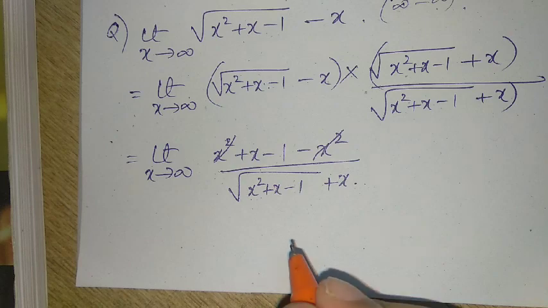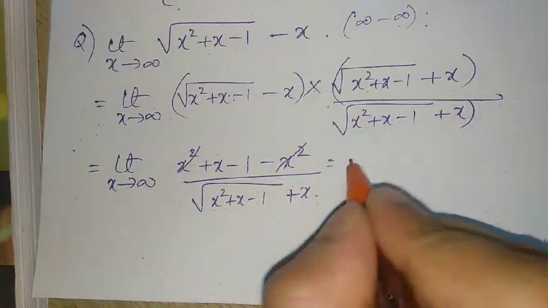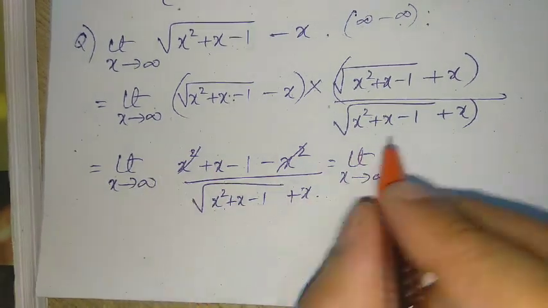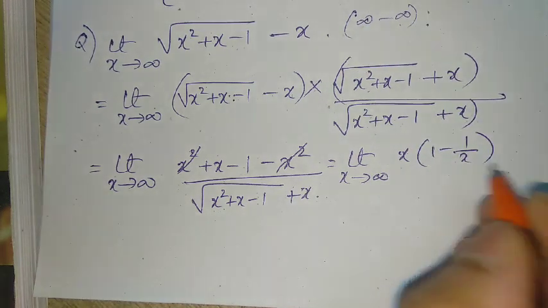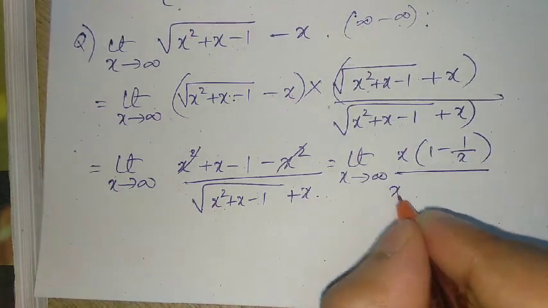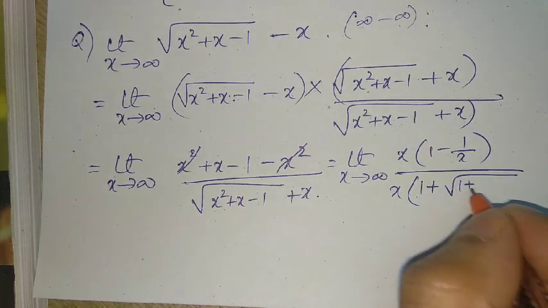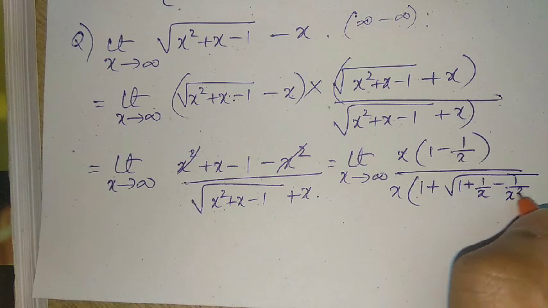After this, we will take limit x tends to infinity. Since there is a limit of infinity, we will take x common, so we will get here 1 minus 1 by x, and here also if we take x common, we will get 1 plus square root of (1 plus 1 by x minus 1 by x square).